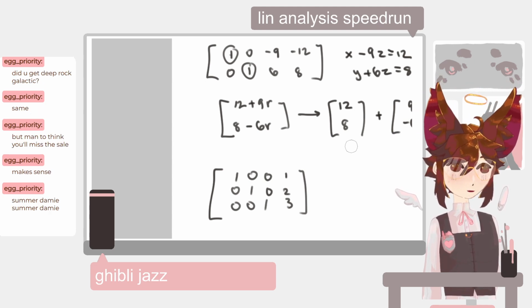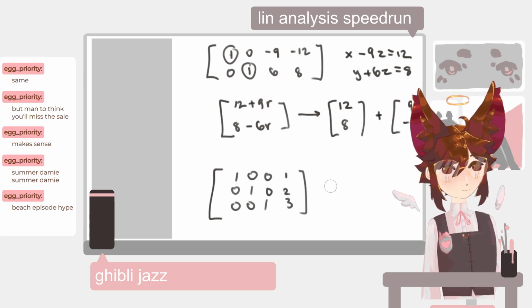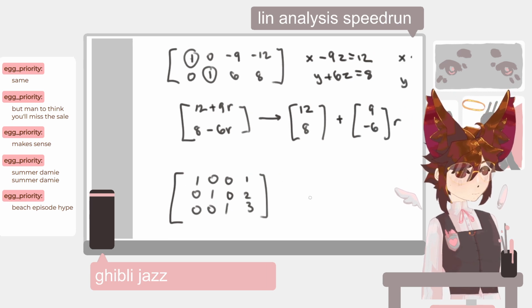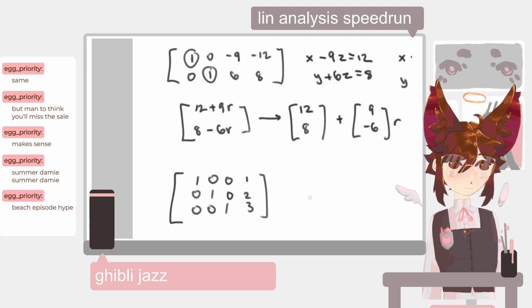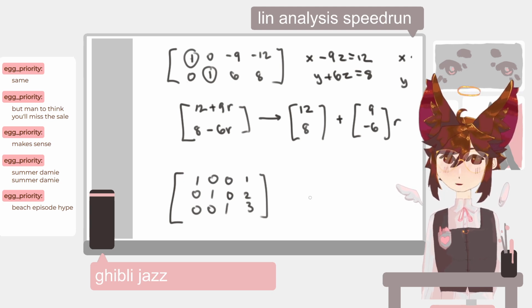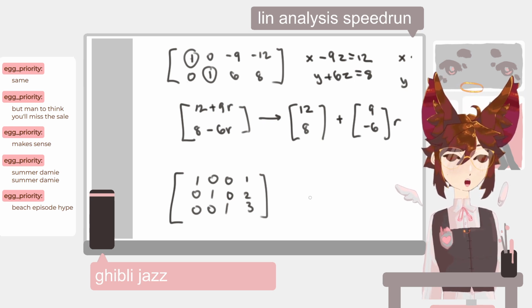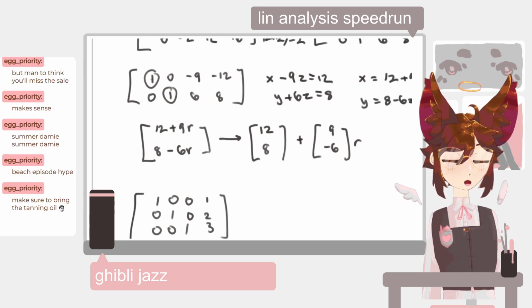Summer Damie. There's a lot of cool stuff that's gonna happen this summer. Beach episode hype. Maybe beach episode, if I could figure out how to do that in a way that makes sense. Maybe. Bring the tanning oil.